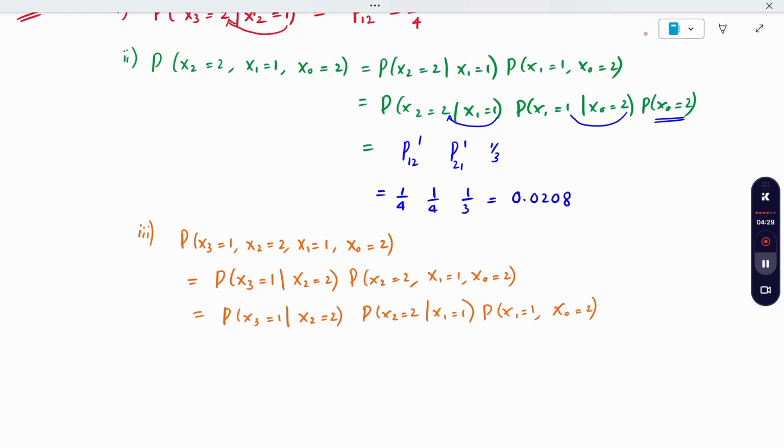Again, writing it out, the first two elements stay as they are: x3 equal to 1 given x2 equal to 2 into probability of x2 equal to 2 given x1 equal to 1 into probability of x1 equal to 1 given x0 equal to 2 into probability of x0 equal to 2. Now when I write the shortcut, P 2 1 power 3 minus 1, which is 1.